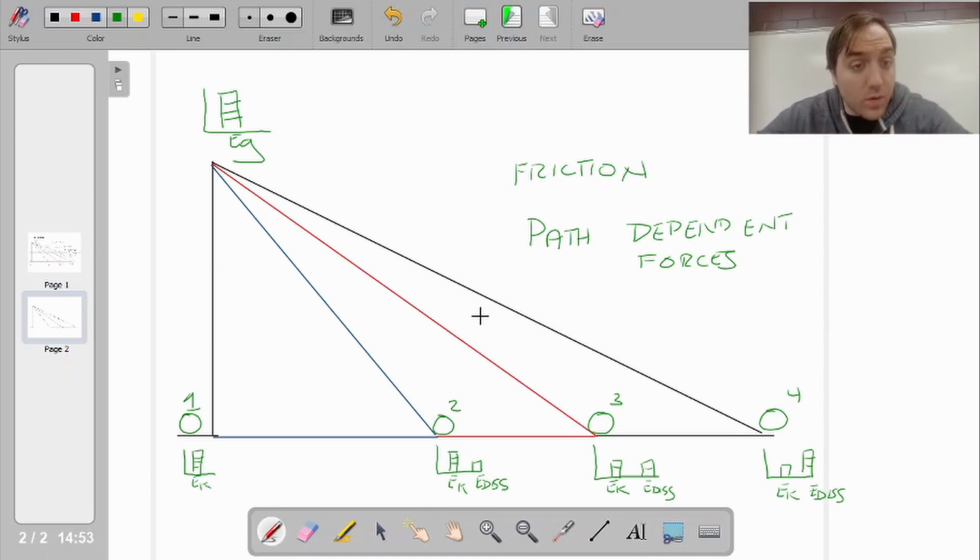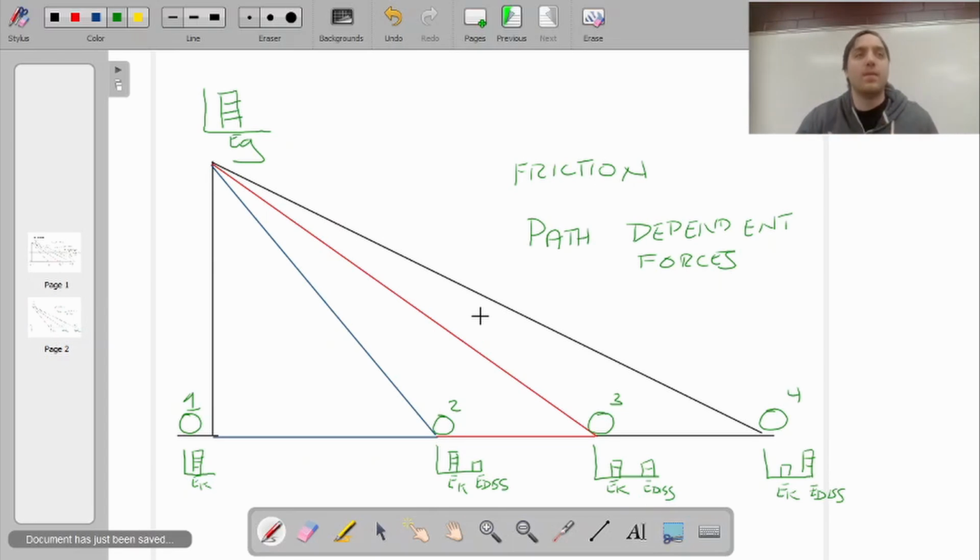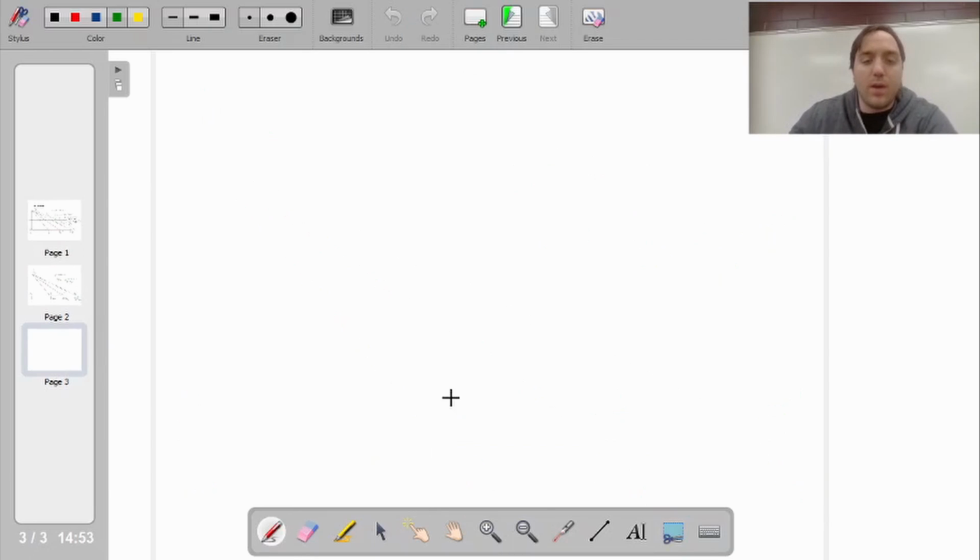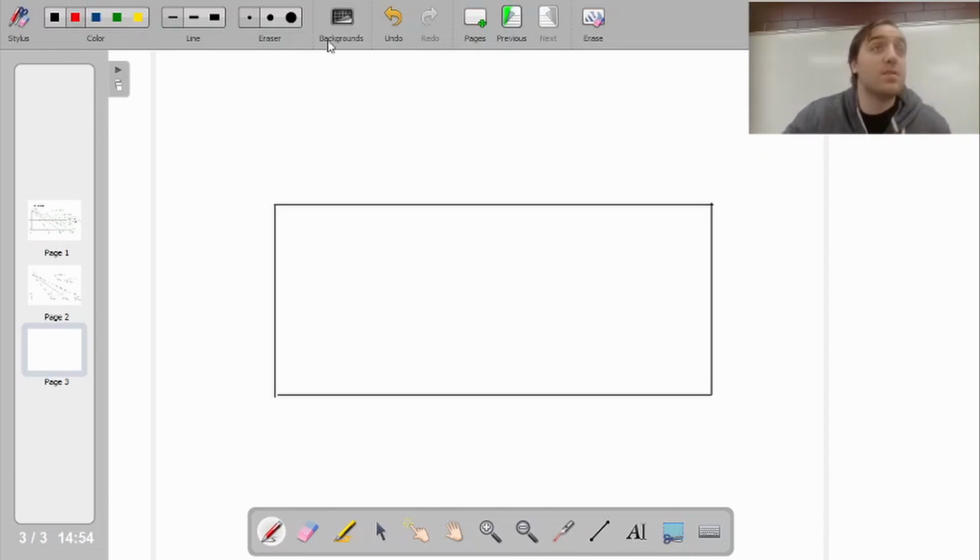Any non-conservative force qualifies this way because the way you go about things determines how much work is done by the force. I'd like to put this a slightly different way. Previously, we talked displacement versus the distance.